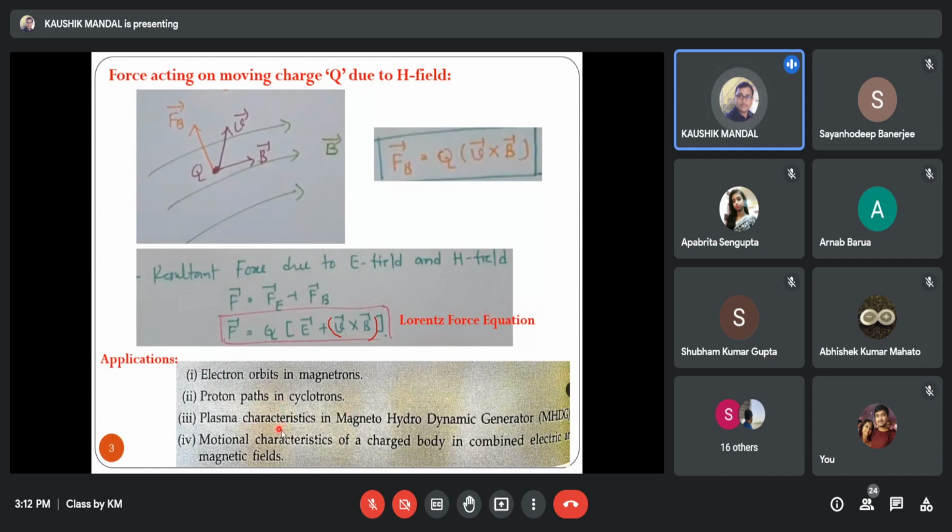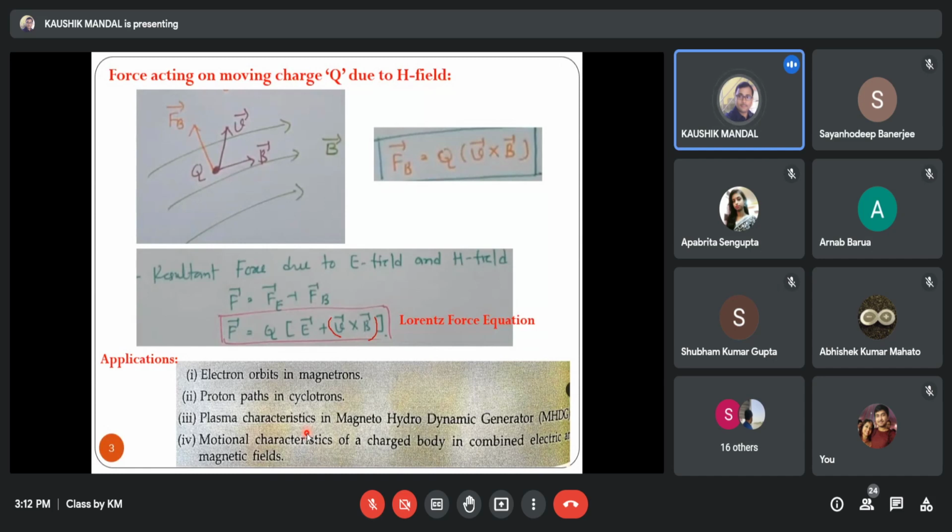Also, you can determine the plasma characteristics in a magnetohydrodynamic generator. And you can also determine the motional characteristics of a charged body under the influence of electric and magnetic fields. So these are the different applications of the Lorentz force in electricity and magnetism.